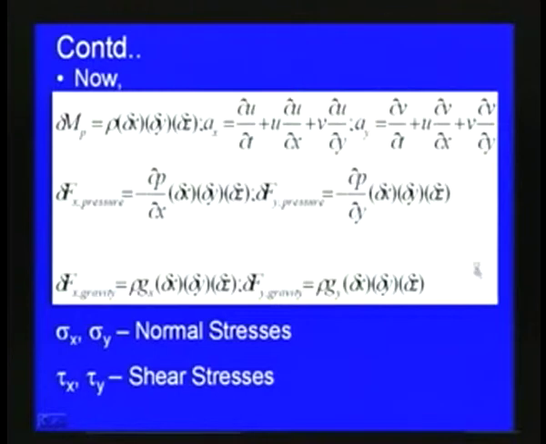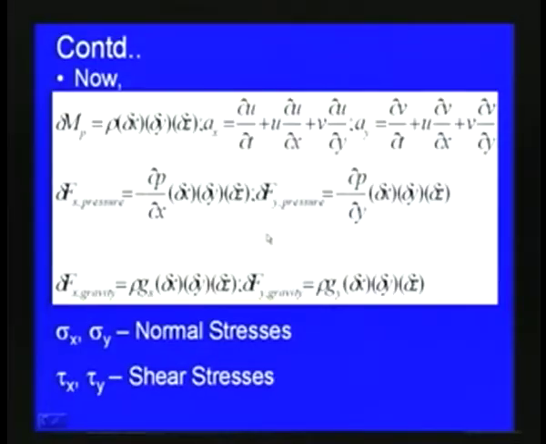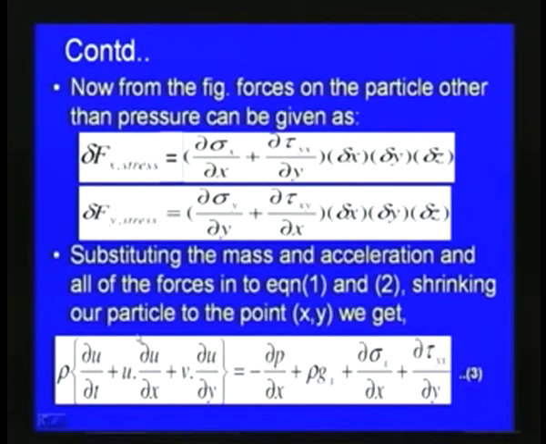This figure shows that we consider equations 1 and 2 and then a particular point in the differential approach. So we get rho into del u by del t plus u into del u by del x plus v into del u by del y is equal to minus del p by del x plus rho g x plus del sigma x by del x plus del tau yx by del y, equation number 3.